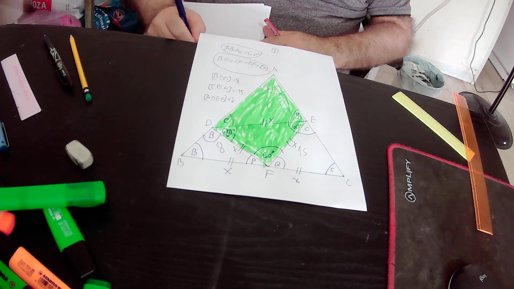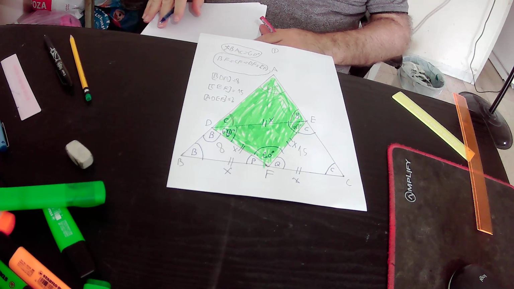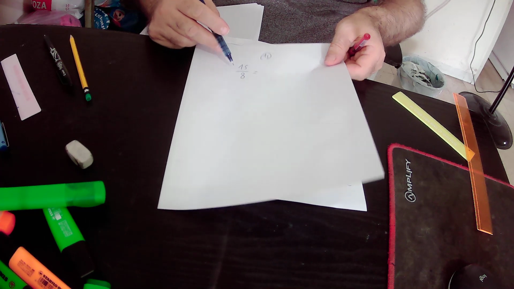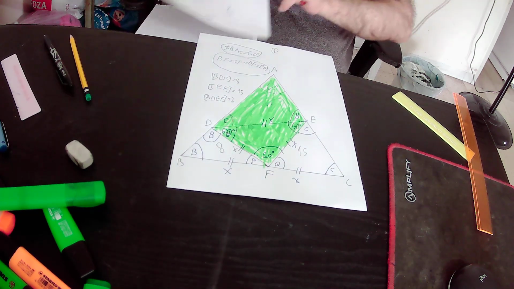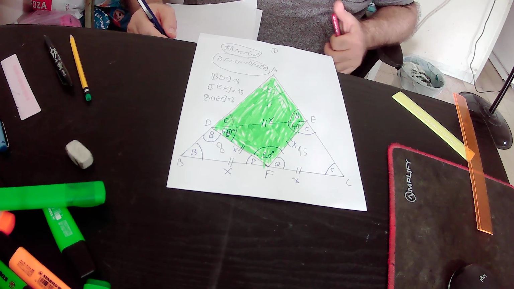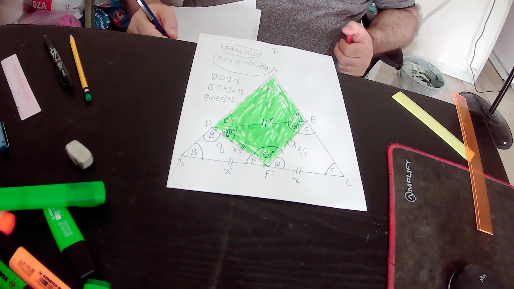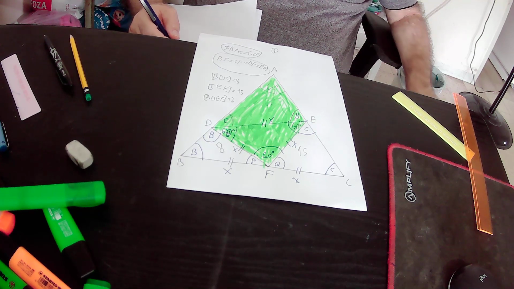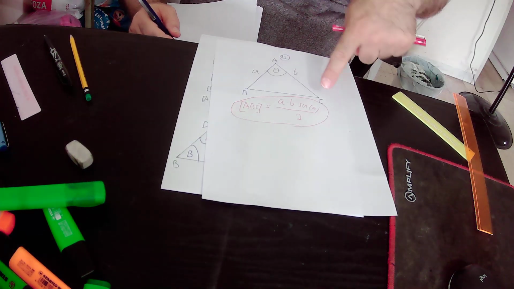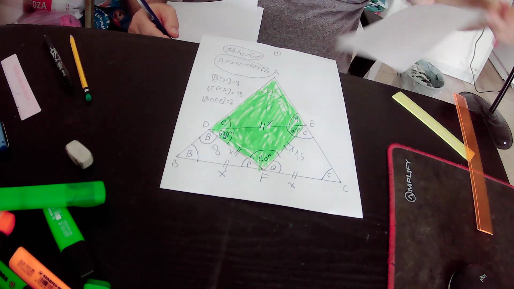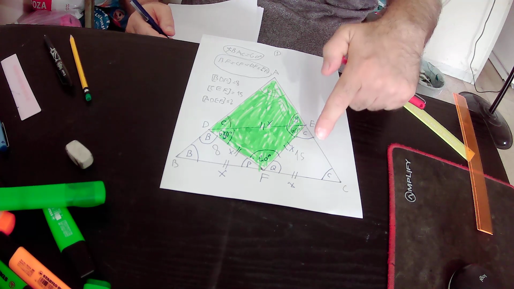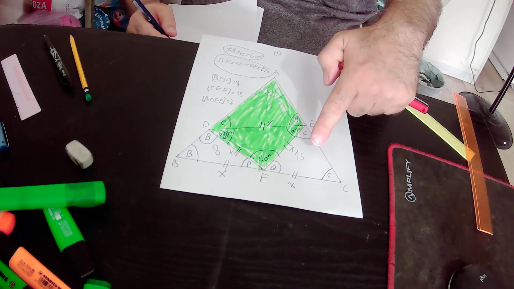So we divide those two areas. We'll divide the area of the big triangle by the area of the small triangle, and then we will use the formula that I presented to you, that the area of the triangle equals A times B times sine theta over 2, in order to find the area of those two triangles.